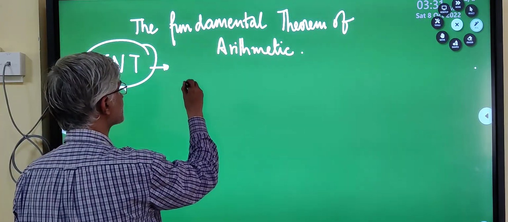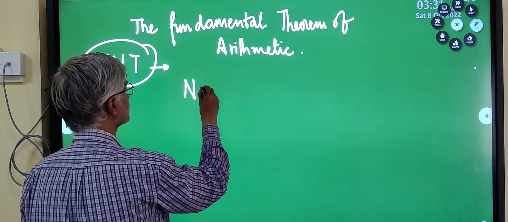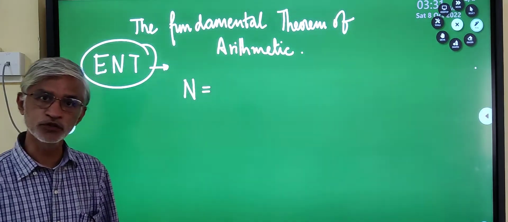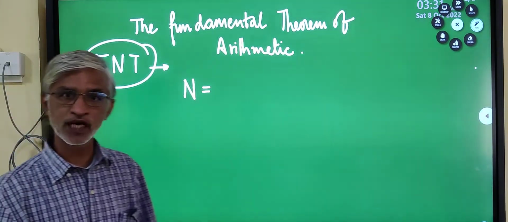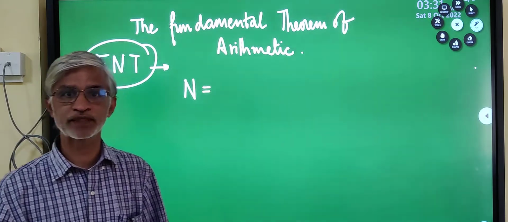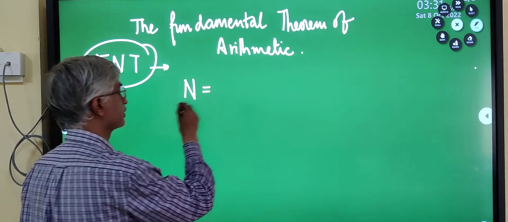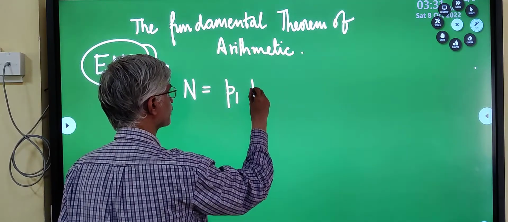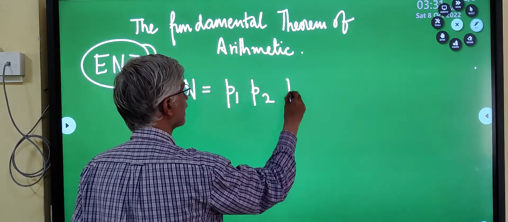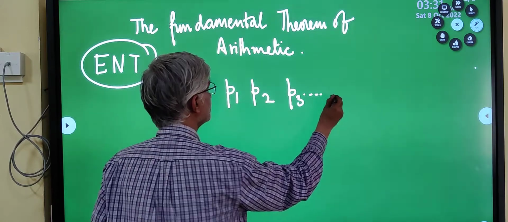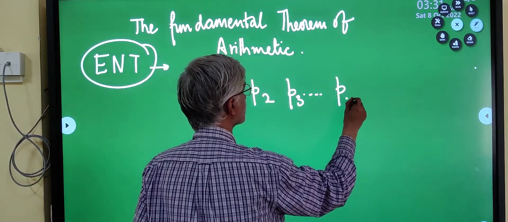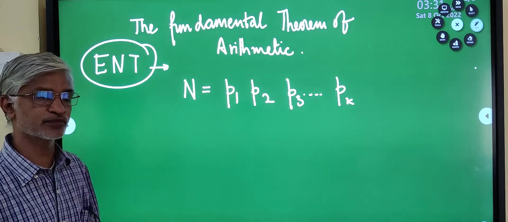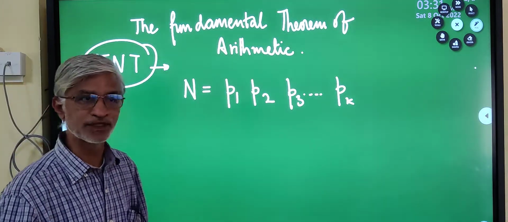So if you take some number, then you can always break it down into a product of primes, and if you can't, then that number is called a prime number. So any number n can be written as a product of prime numbers, and sometimes you can have the prime number occurring repeatedly.